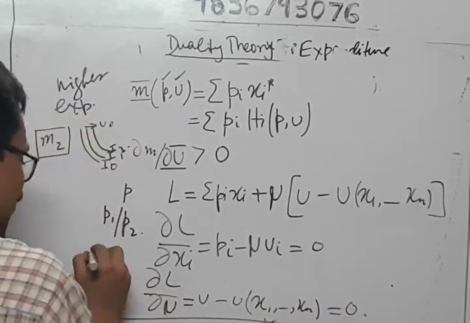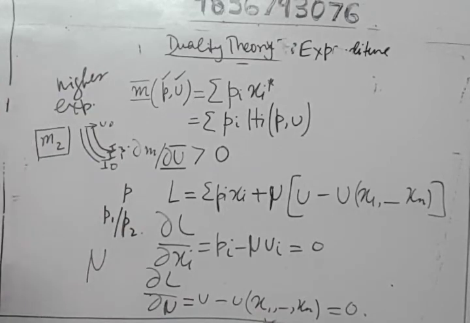So here this Lagrange multiplier mu represents nothing but the change of minimized expenditure.